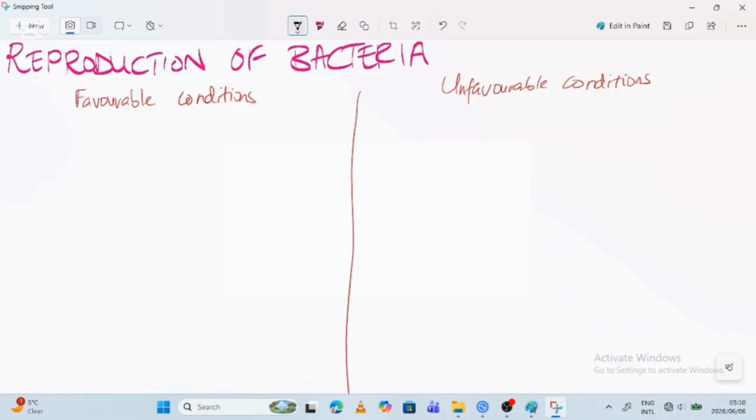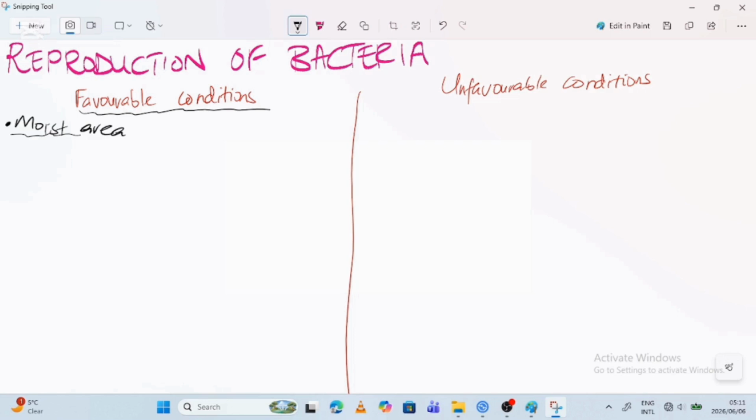So now let's look at reproduction of bacteria. So bacteria require specific conditions for them to reproduce or for them to multiply. Basically, we're talking about favorable conditions of bacteria. So bacteria require a moist area for them to multiply, right?